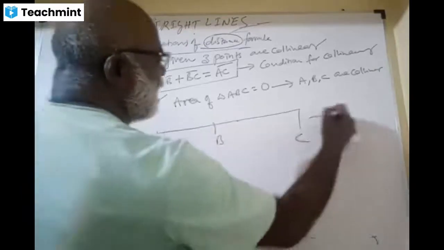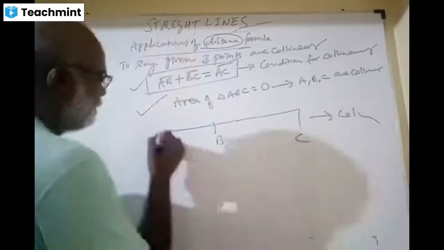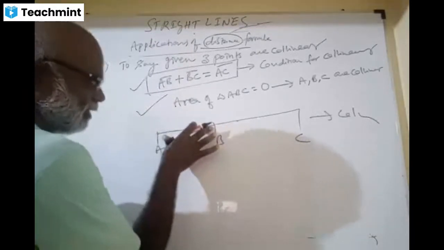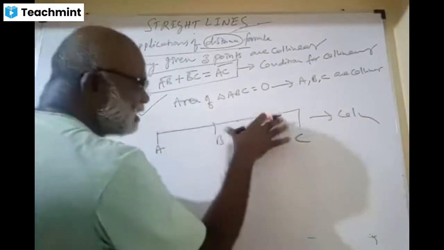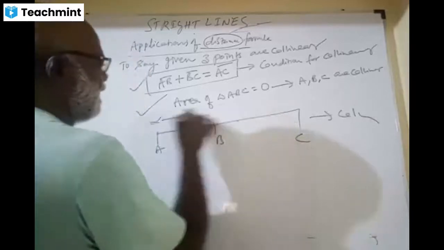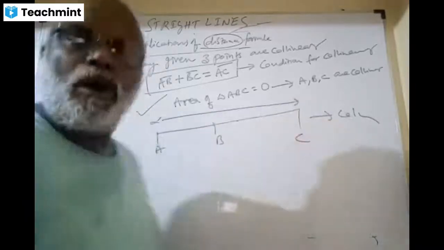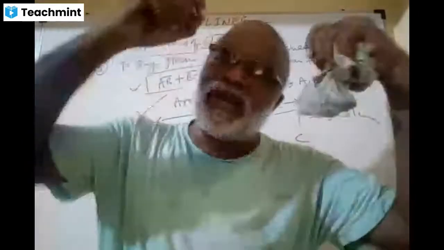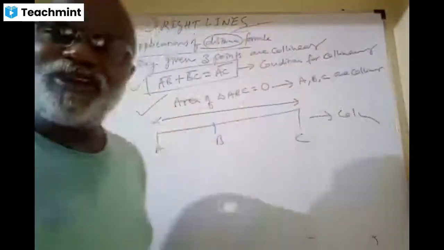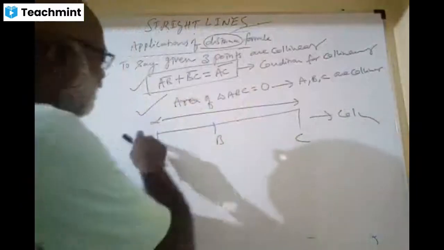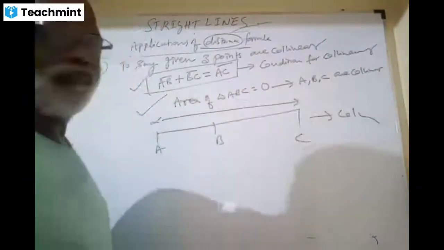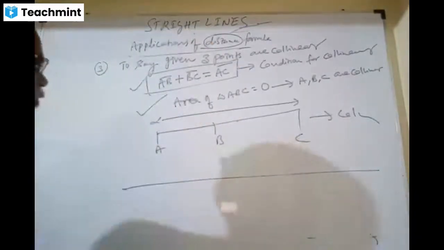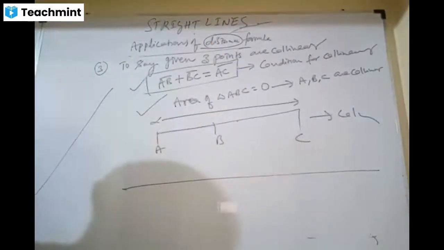If ABC are collinear, the slope of these line segments, AB, BC and AC, all 3 have the same slope. Why? Because it is only one line. There are no three different lines. Everything is a single line; only we are segmenting it. This line has got only one slope.